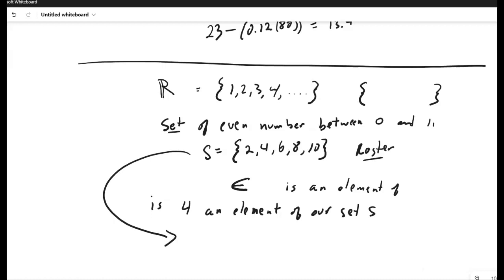In other words, is 4 contained in those brackets? Yes, 4 is an element of our set S. And that's all. When you read your book and you see that symbol, that's all that symbol's telling you.